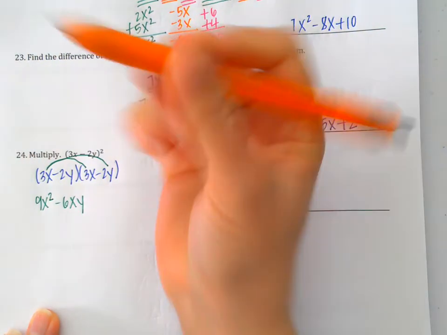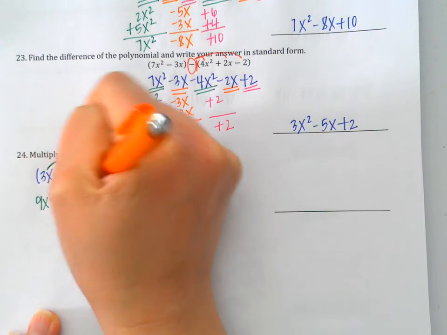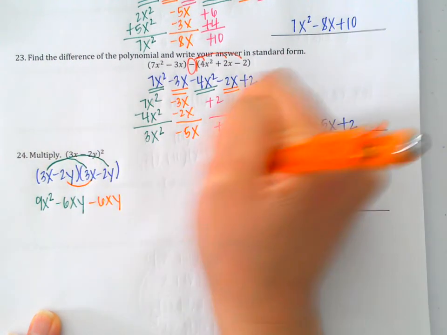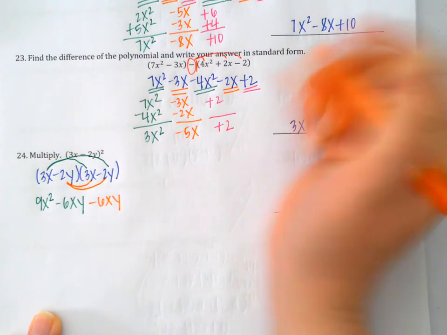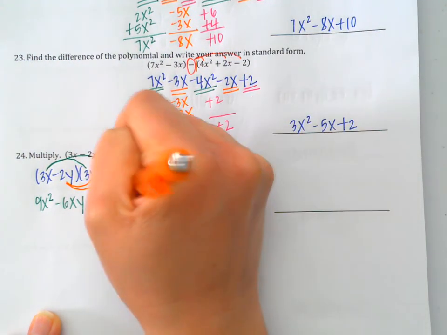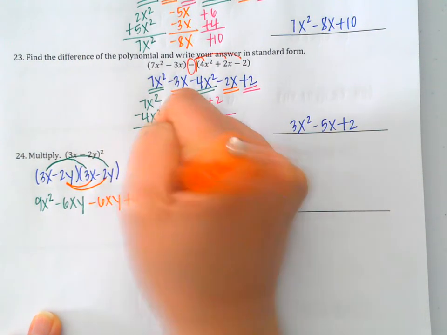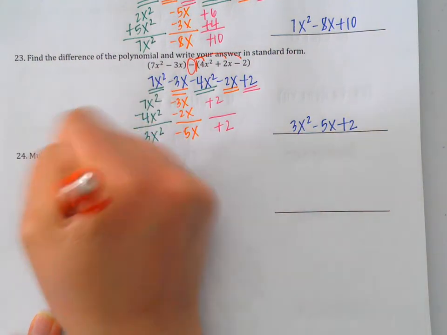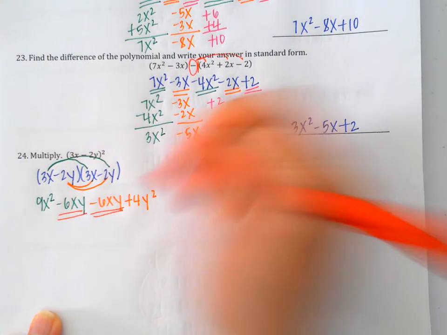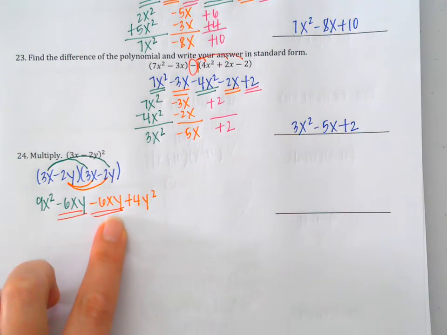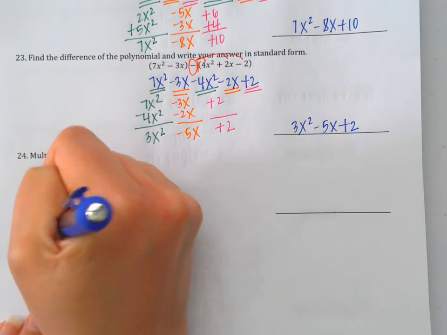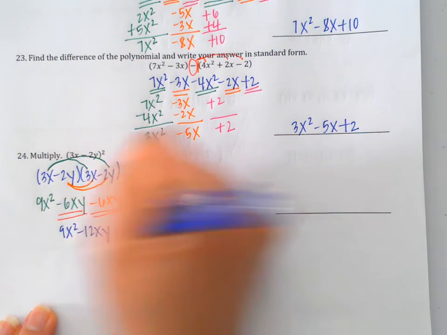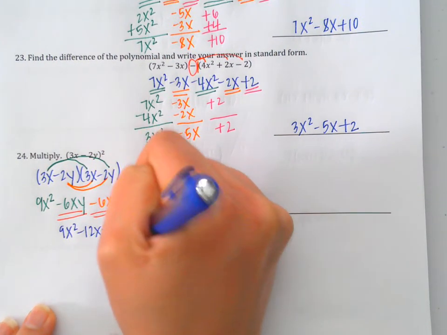And then I move to my next term. Negative 2y times 3x is negative 6xy. And negative 2y times negative 2y is positive 4y squared. Combine my like terms, negative 6xy and negative 6xy are like terms. So my final answer is 9x squared minus 12xy plus 4y squared.